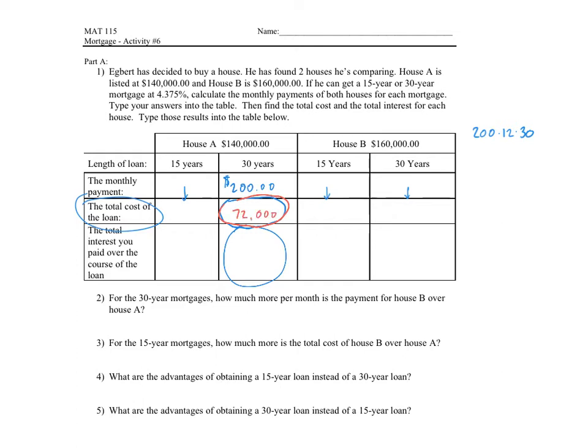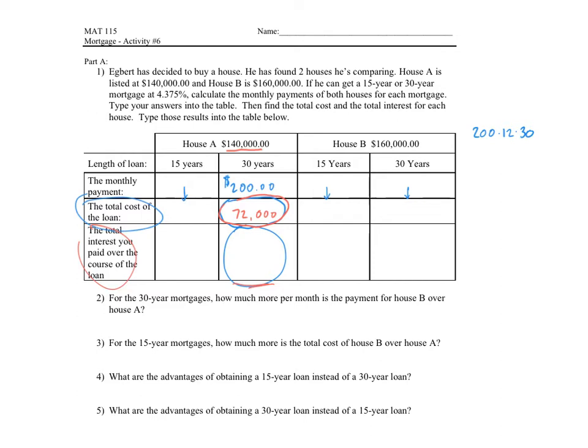To get the total interest you paid, you take that $72,000 and subtract $140,000. I'm going to get a negative number because I just made up 200, so that won't happen for you if you do it correctly. But you subtract to get this bottom box. So the total you paid from your monthly payments minus the original price is the amount of interest.